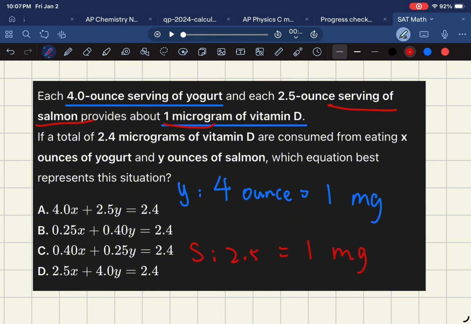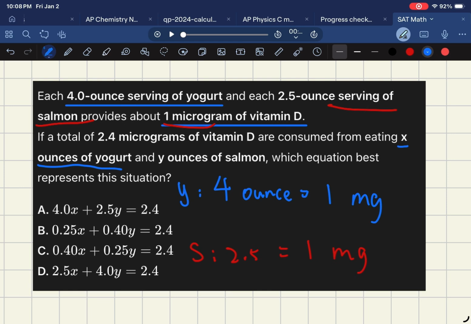In order to find X ounces of yogurt, we first need to find how many micrograms 1 ounce of yogurt provides. For 1 ounce of yogurt, it provides 1/4 mg, which is 0.25.